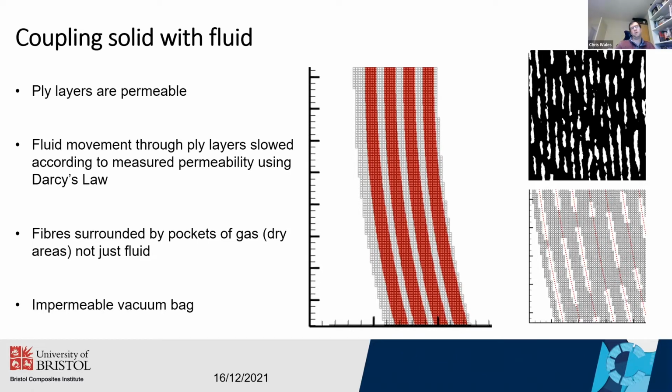And then we apply a finite influence region from the plies onto the fluid. So the fluid is allowed to flow through the fibers, but the fibers introduce a Darcy based law pressure force onto any resin flowing through the fiber layers.